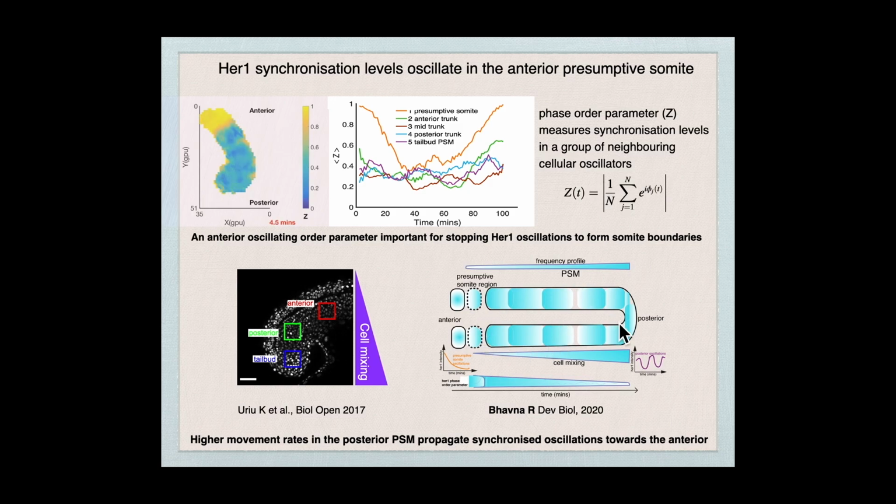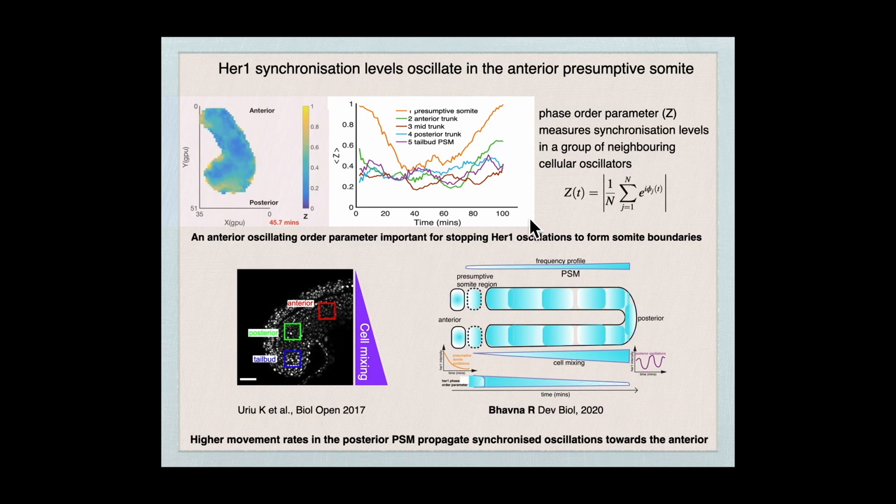We summarize our results with the model showing a gradient in the relative velocity of cellular oscillators along the long axis, with the highest being in the posterior and tailbud PSM cells, a frequency profile along the long axis, and a phase synchronization transition that occurs along this axis as well, as seen in the previous slide.